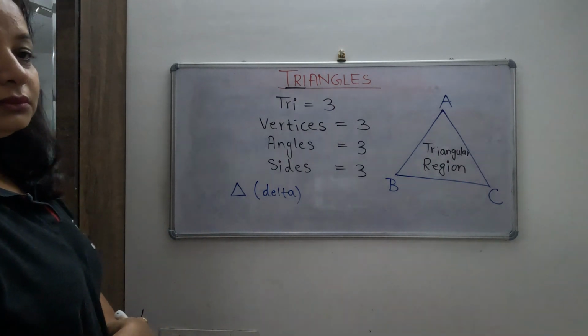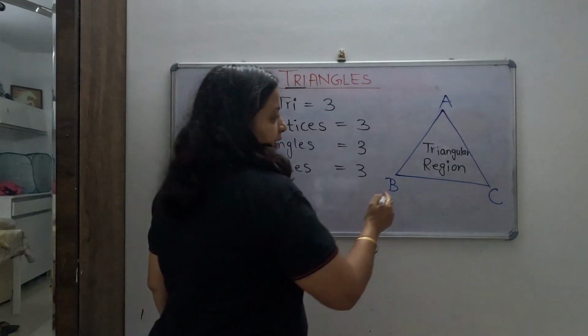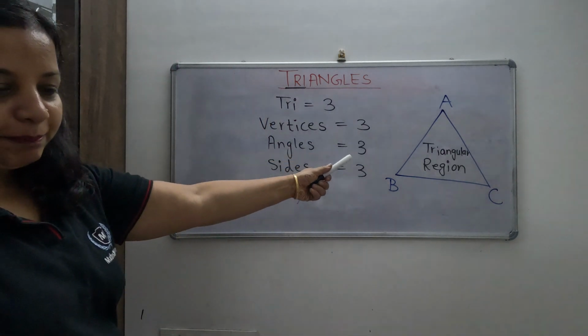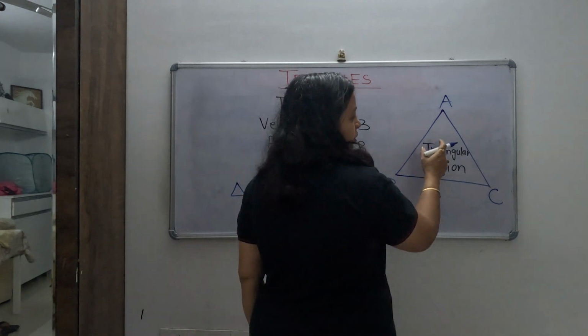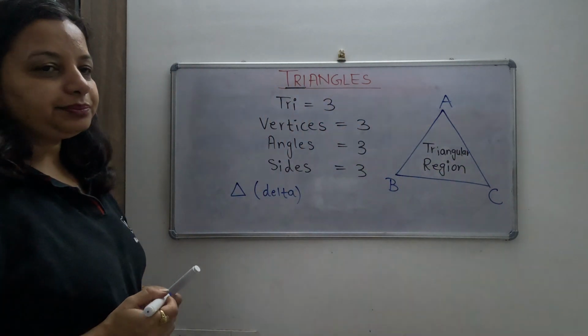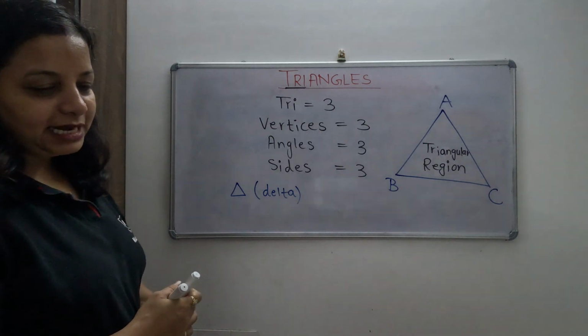The next, the portion of the plane enclosed by a triangle, the inside portion, is called the triangular region because it's closed by all sides. So how will you denote the triangular region?